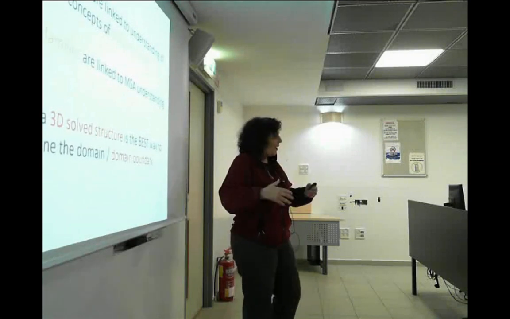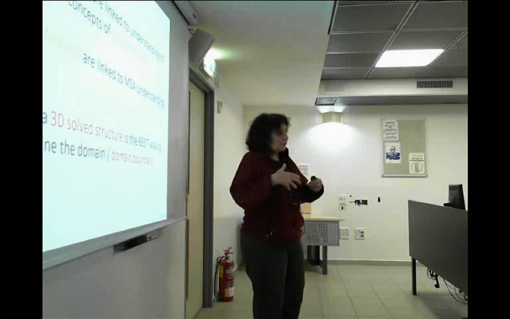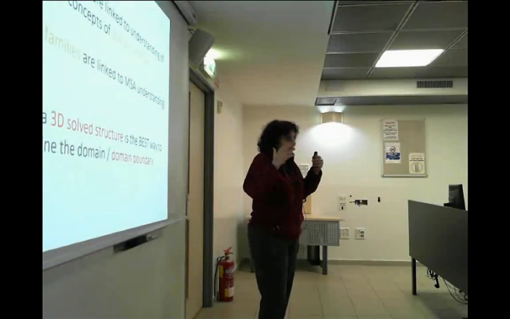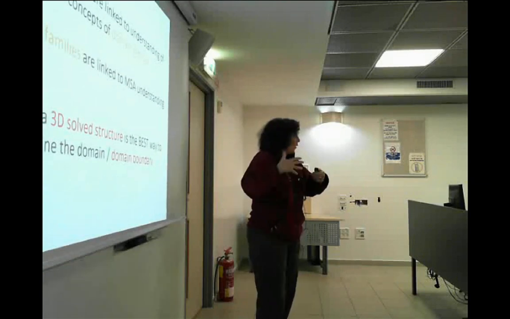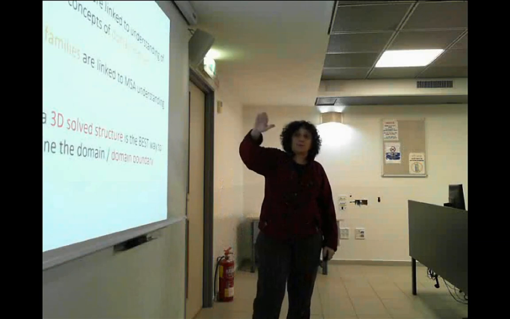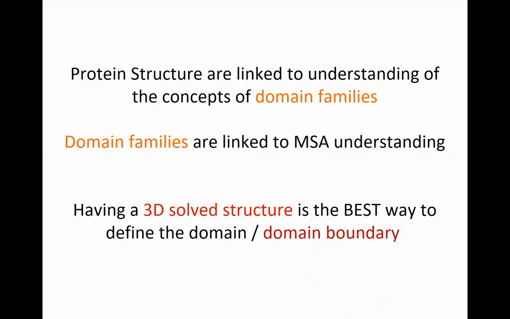Somehow this sequence had the capacity to fold, to retain, and to be recurrent in evolution. Because I think a lot about evolution, I believe that it's a good definition of what a protein domain is. So protein structure, which we didn't discuss explicitly, is really linked to understanding the concept of domain families.